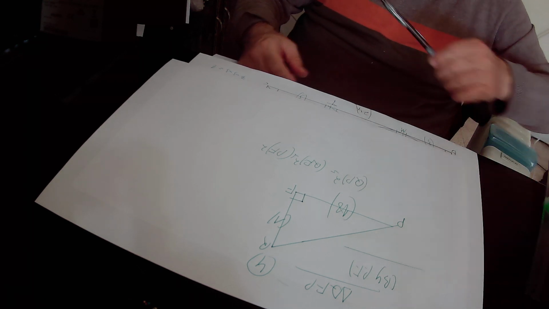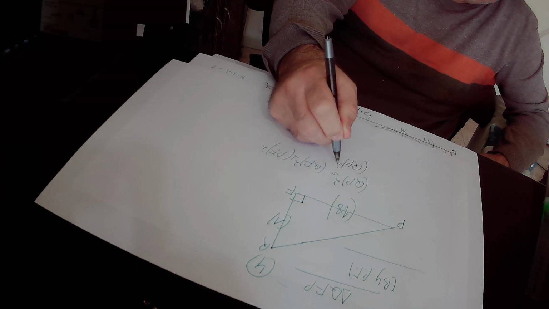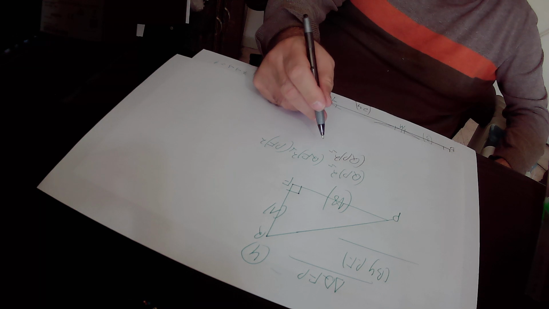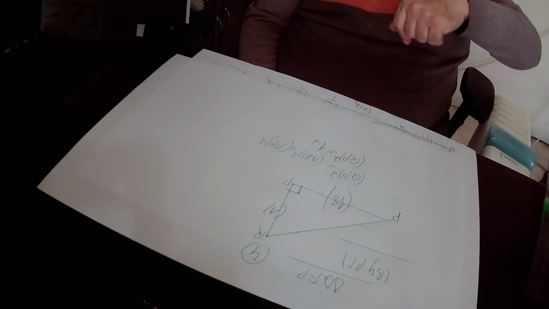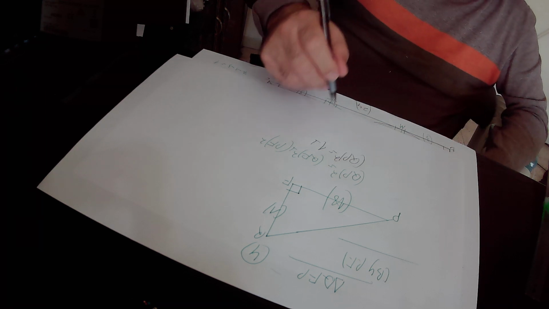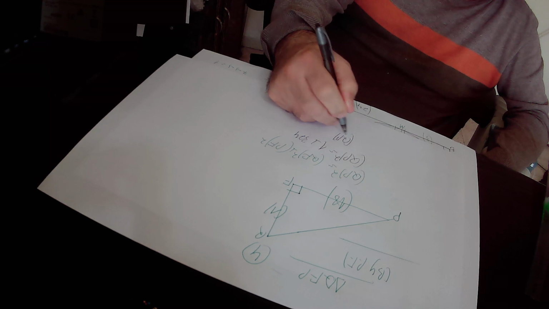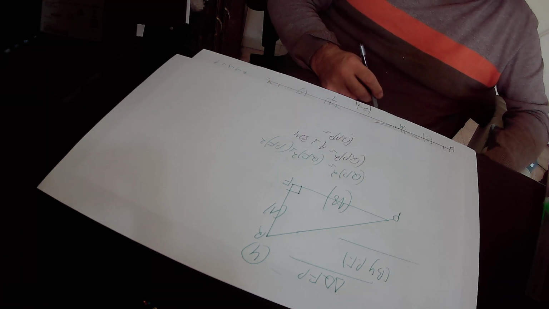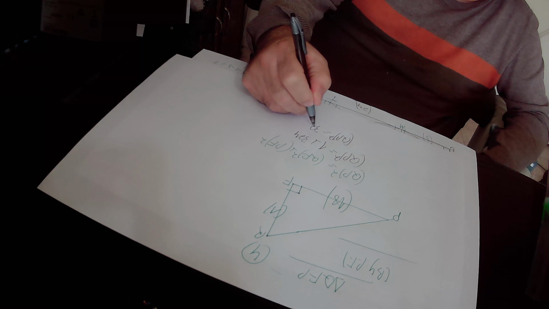So QP square equals QF square. QF is 1, therefore QF square is 1 square, that is 1, plus PF square. PF is 18, therefore PF square is 18 square, that is 324. So QP square, that is the square of the hypotenuse, that is the line segment that we are looking for, equals 324 plus 1 is 325.